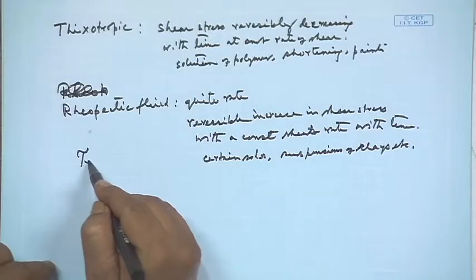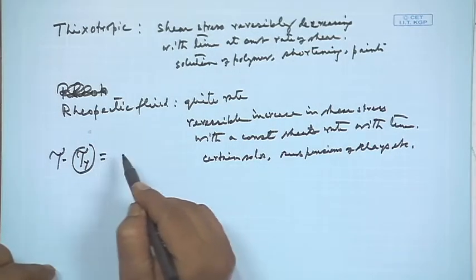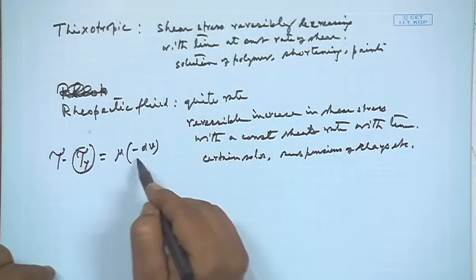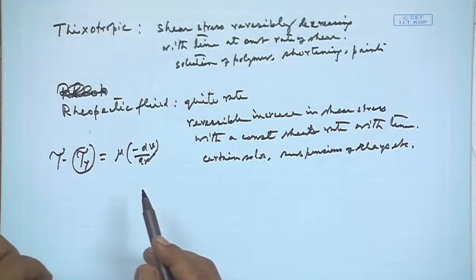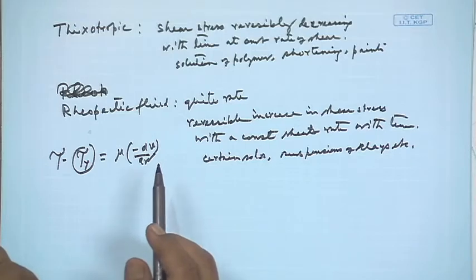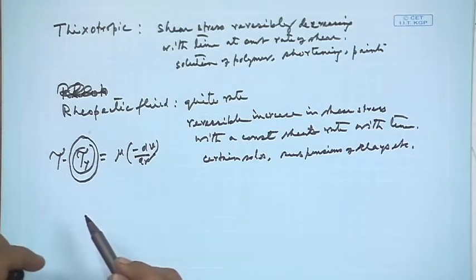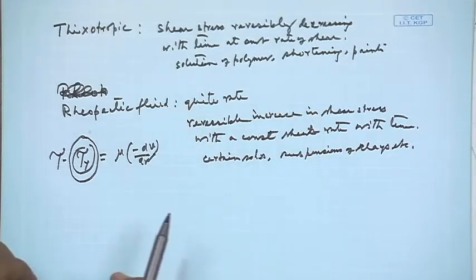Now, as we said, for Bingham plastic fluids, we need an initial stress, that is the yield stress tau y, and that is why the relation was like that, minus mu dV dr. This was for the Bingham plastic, and these are similar to the Newtonian fluid, the only exception being that this needs some yield stress or initial thrust so that it starts moving.